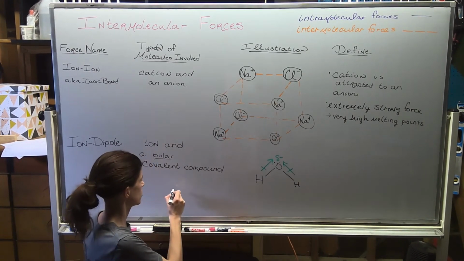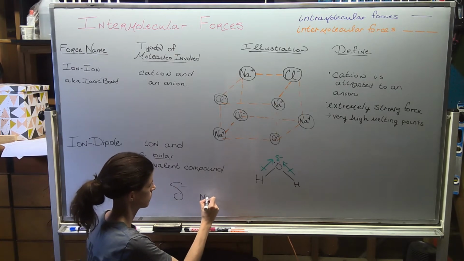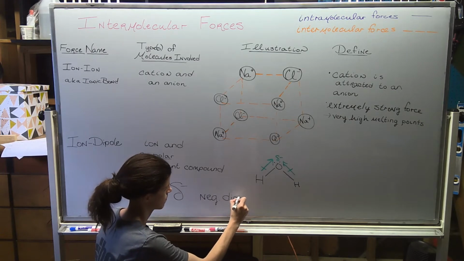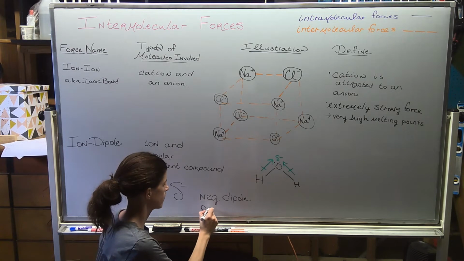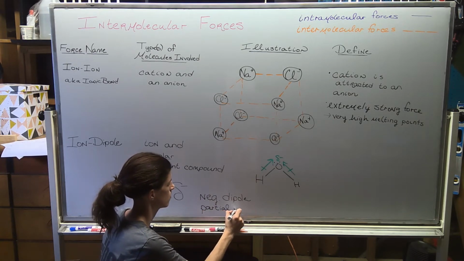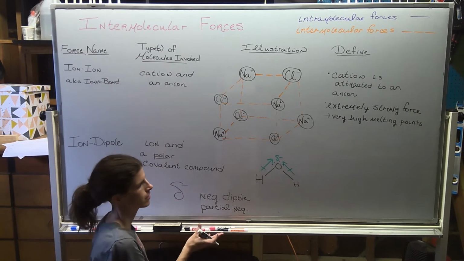Let me draw this over here. So this is a negative dipole, a partial negative. We could also do a positive dipole, a partial positive, just by changing that to a positive sign.